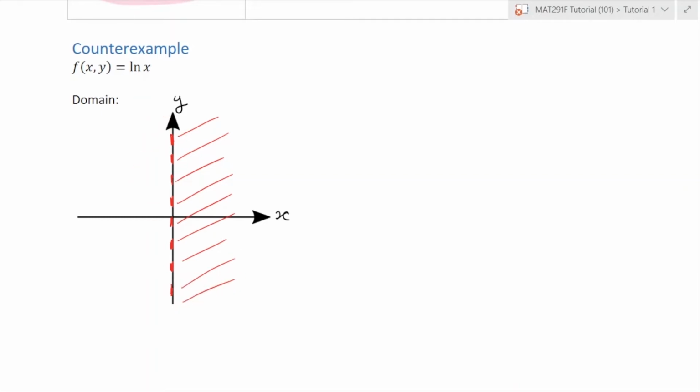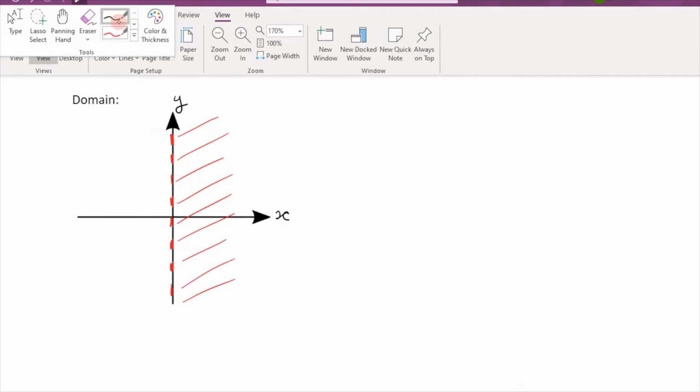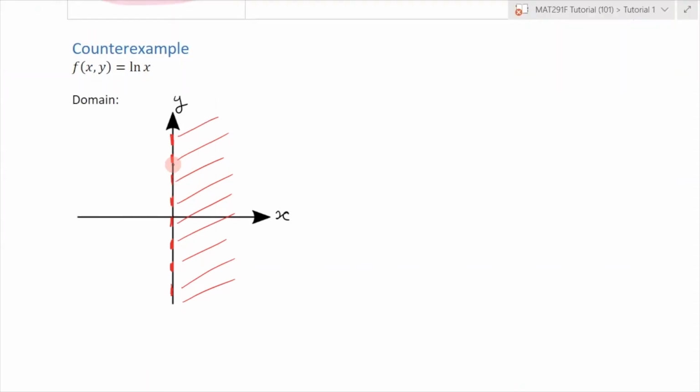And let's consider any point Q where x equals 0. For this point Q, no matter what disk we take, it will contain points in the domain and points not in the domain. And no matter how small we make this disk, this will always be the case.